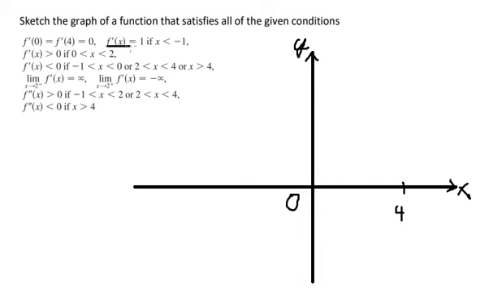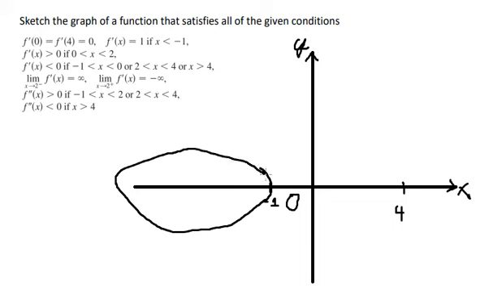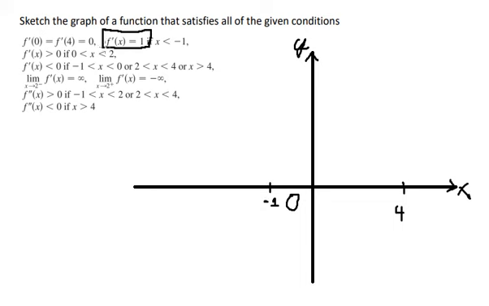The next thing, we see that the first derivative of the function equals 1 when x is smaller than negative 1. However, it always equals 1.